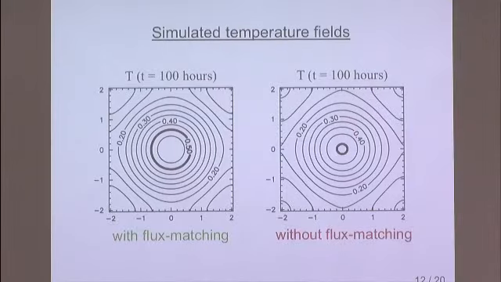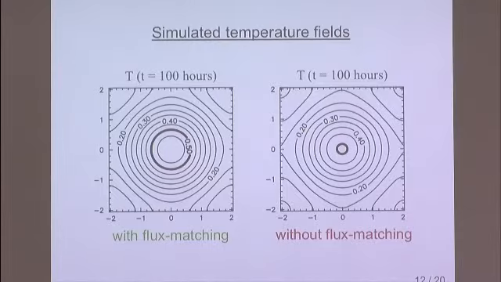The left picture uses the flux matching algorithm, and the right picture doesn't use flux matching. Though both results give smooth conduction of heat, the simulated amplitude in the case without flux matching is much smaller than with flux matching.